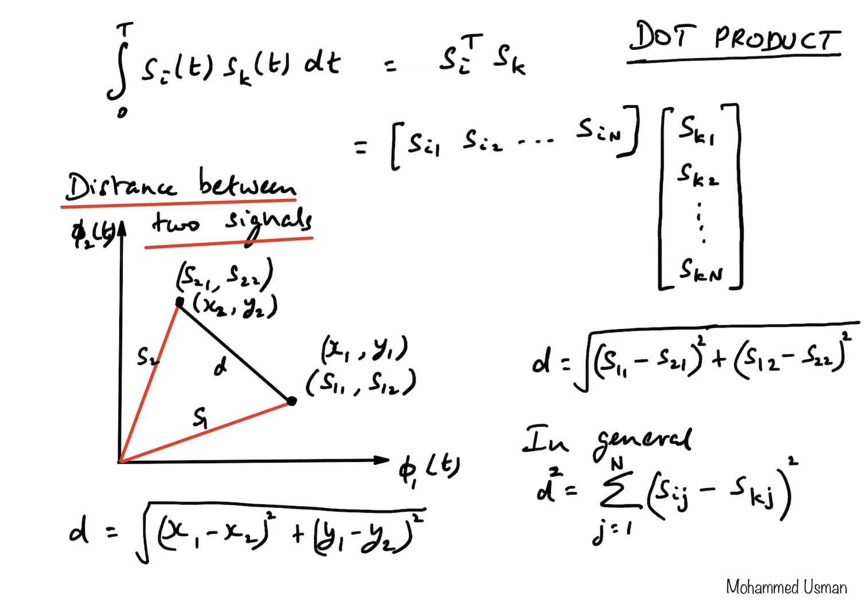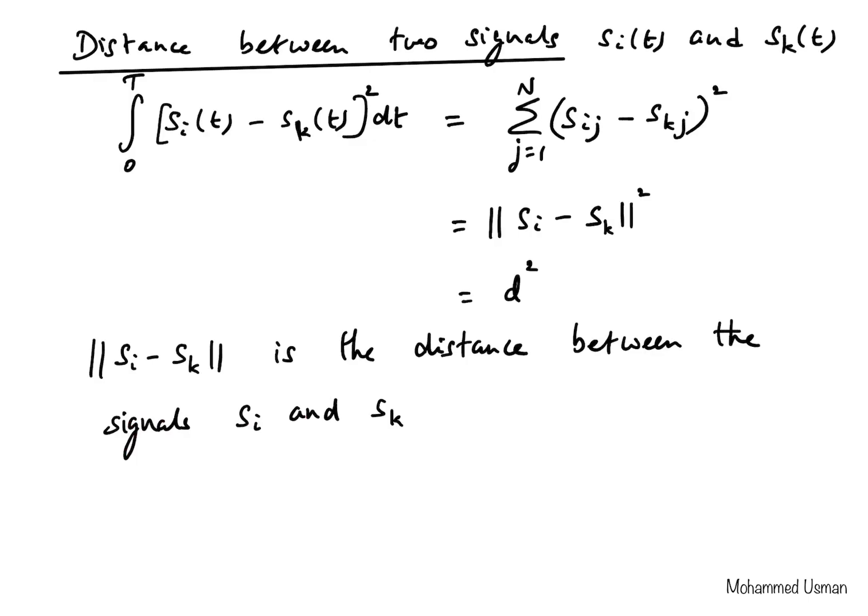We can call that angle theta. So how do we compute the angle between two signals, and how can we get that angle in terms of the vector elements? We will see all of that in the next lecture, and we will go further into how to compute the basis functions, that is, how to compute phi 1 of t, phi 2 of t, and so on.